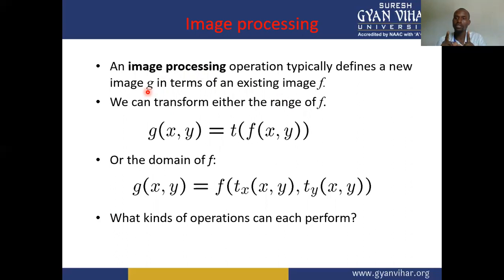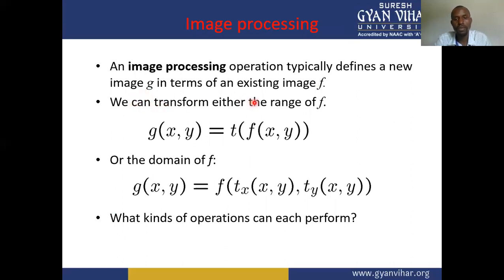First one is the original image. Second one is the processed image. So the original image is given by F, and the processed image is given by G. That means we can represent this G in the form of an equation.